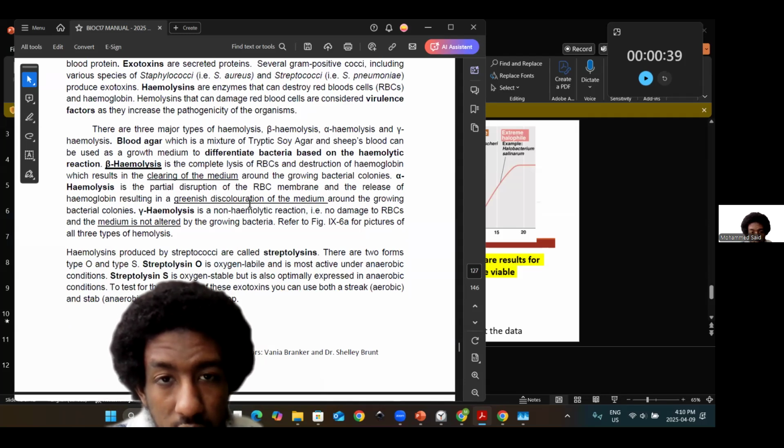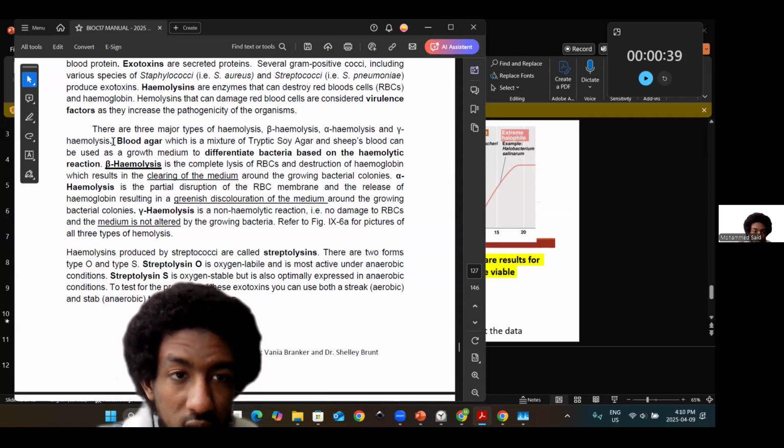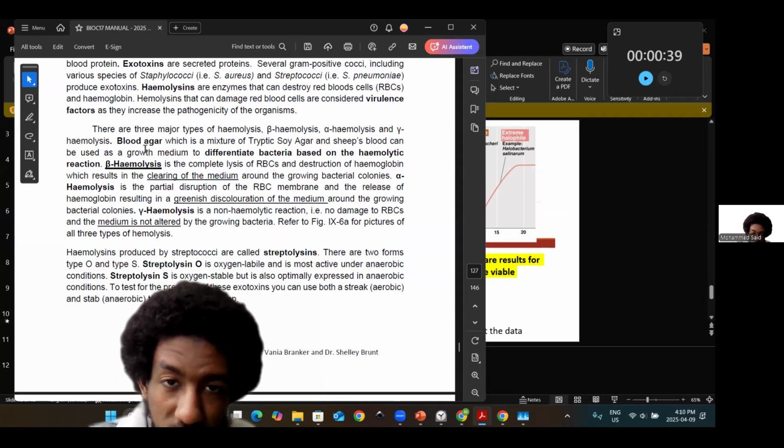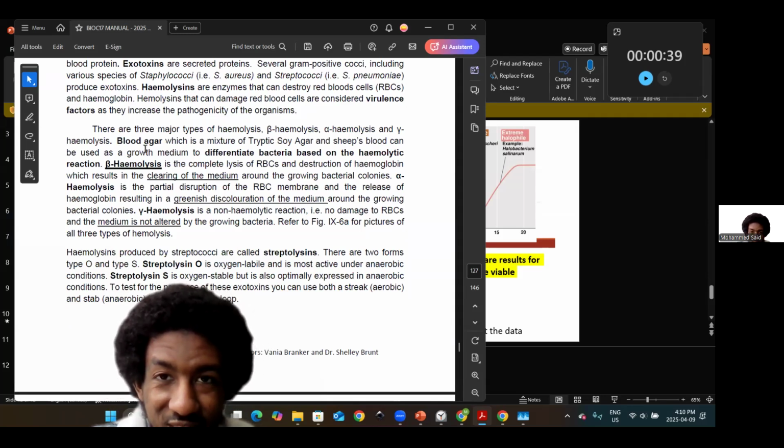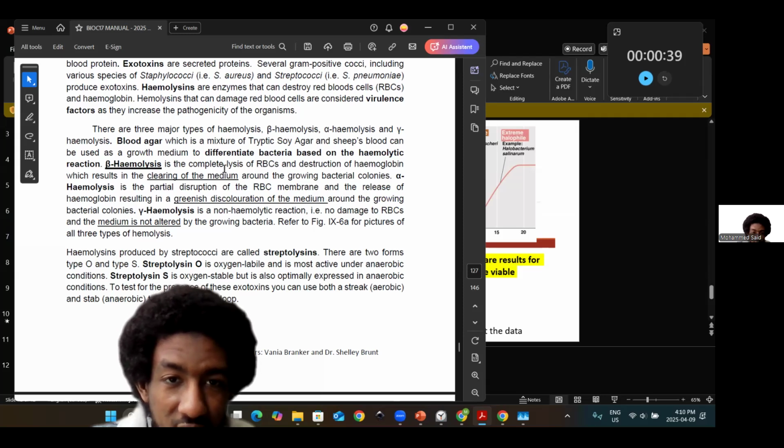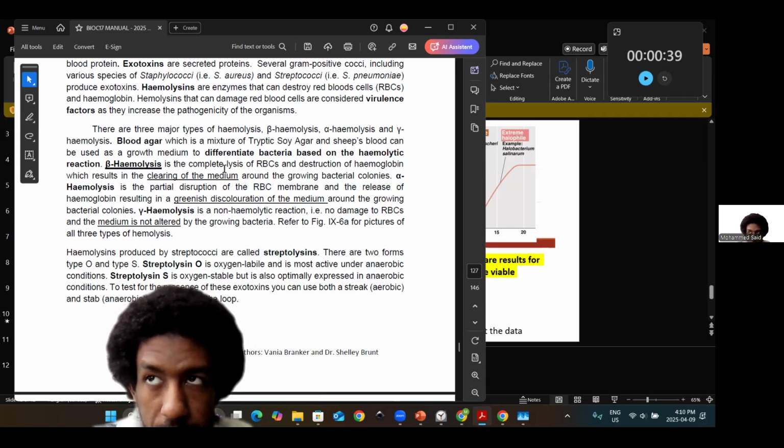For beta hemolysis, complete clearing exhibits complete lysis of RBCs, destruction of the hemoglobin. And I say hemo because think about hemoglobin being a part of RBCs.